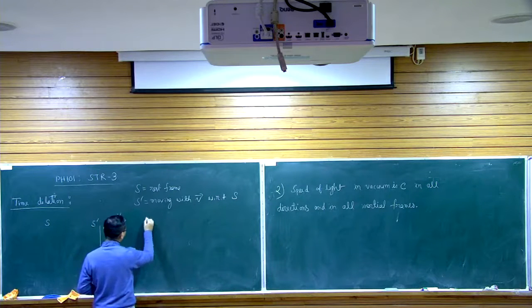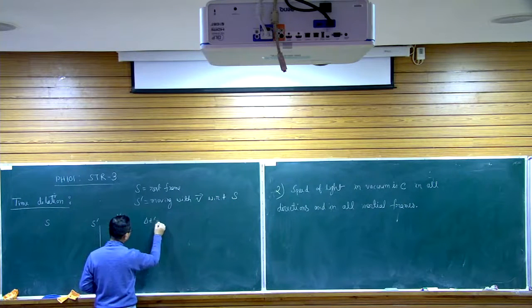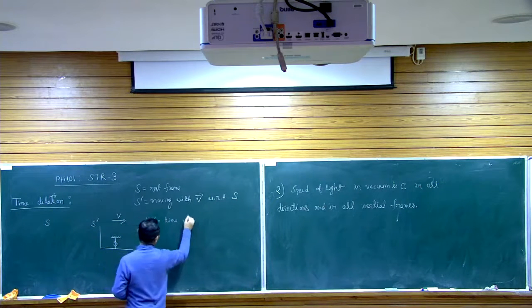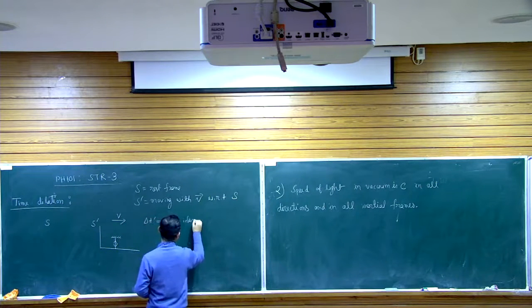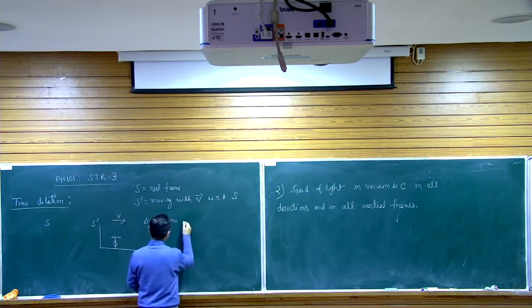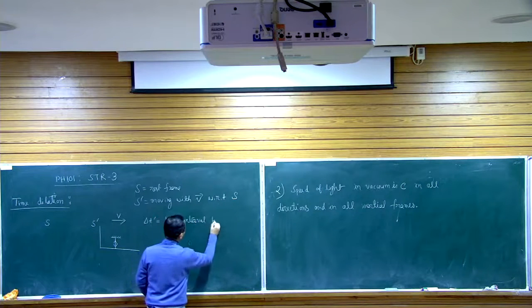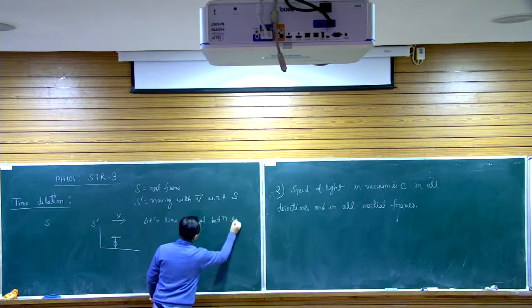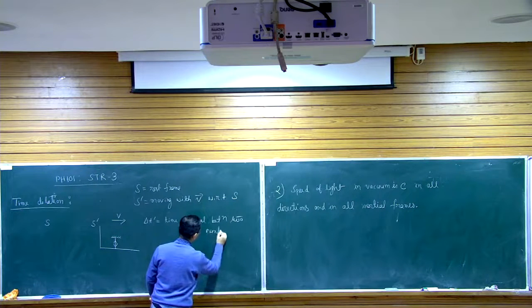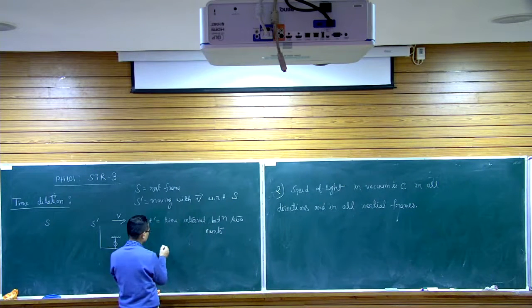So let me call it delta t prime, time interval. It is the time interval between two events. And what are the two events?